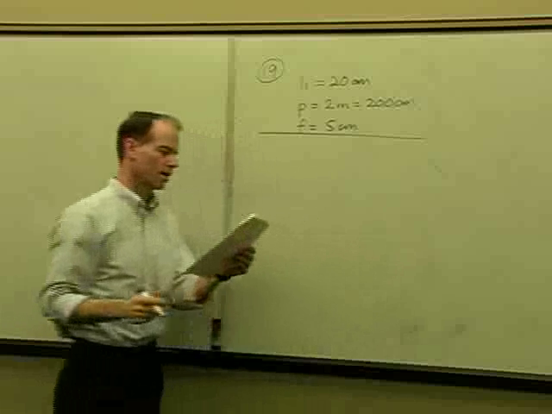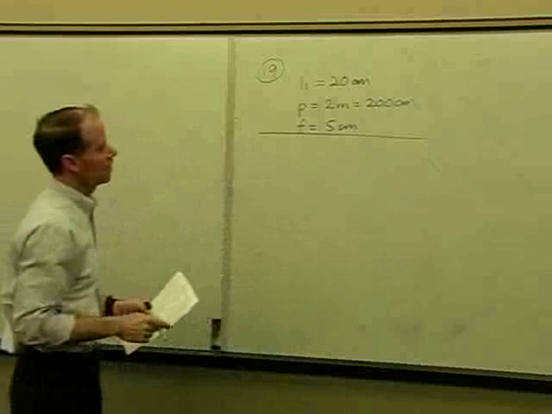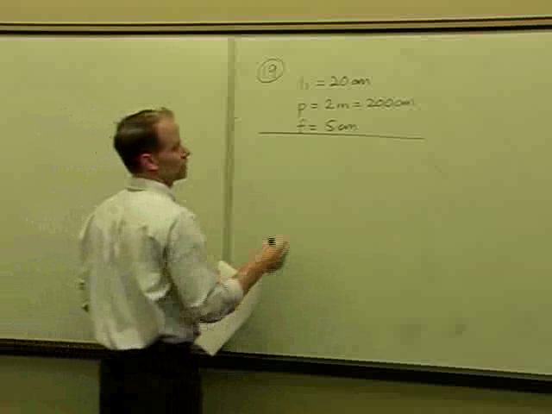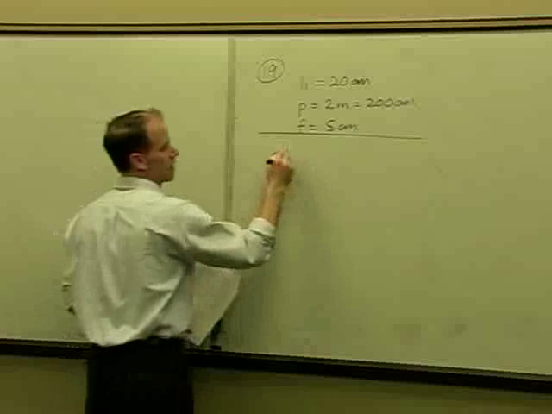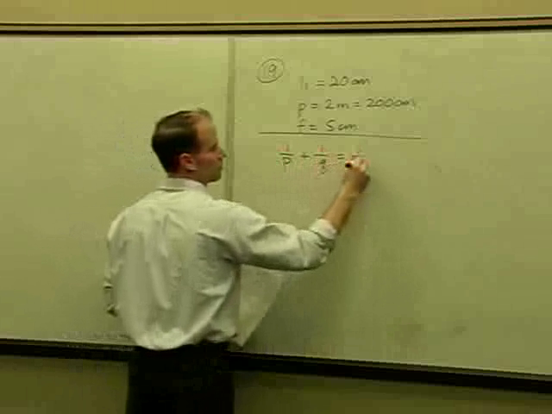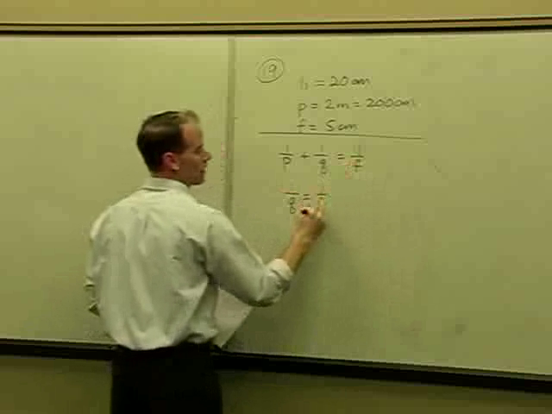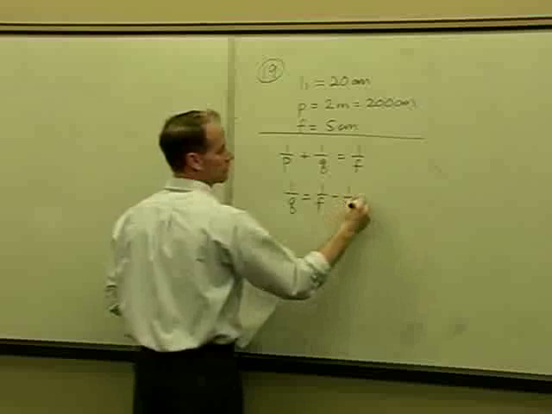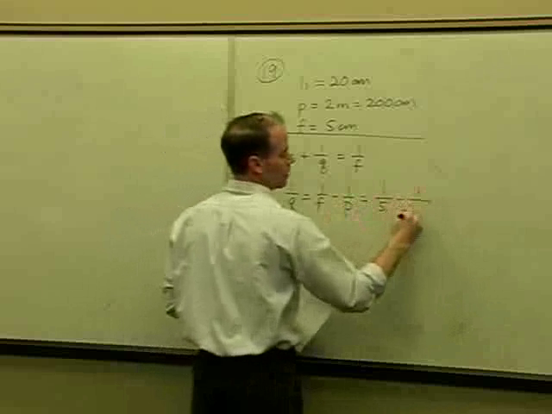And we want to find the size of the image. All right. So let's find the image distance first. So we have 1 over object distance plus 1 over image distance equals 1 over focal length. 1 over image distance will equal 1 over focal length minus 1 over object distance. 1 over 5 minus 1 over 200.